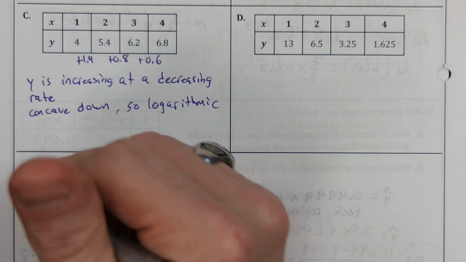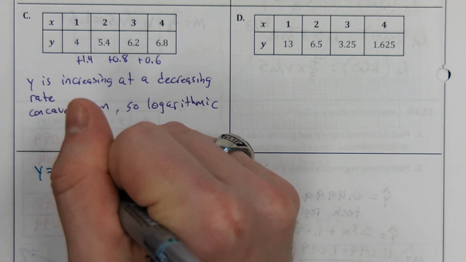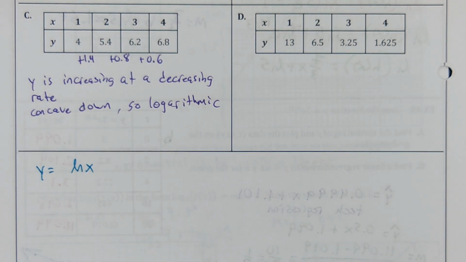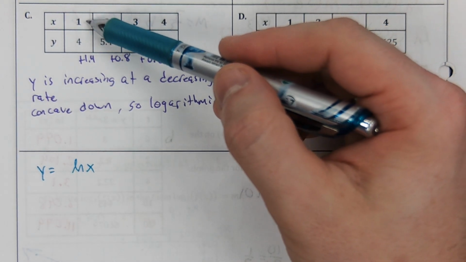We know that we're going to use logarithmic regression. And since we don't have any clue what the base is, we're just going to say it's Ln. Not to mention our calculator would do natural log regression. That's how it does. And we would say, all right, let's check the first coordinate. What is the natural log of 1?